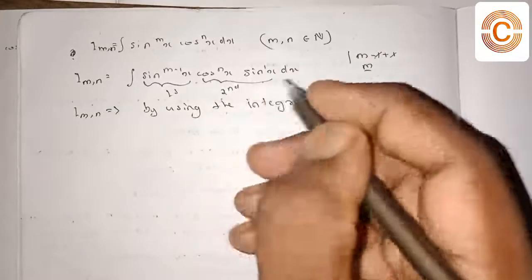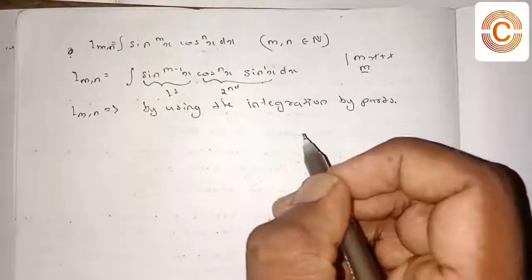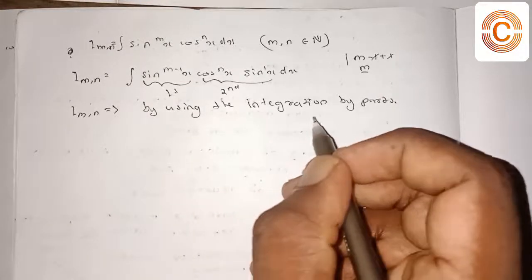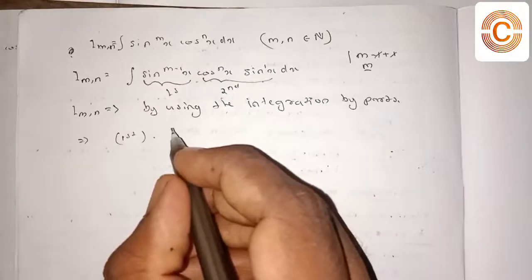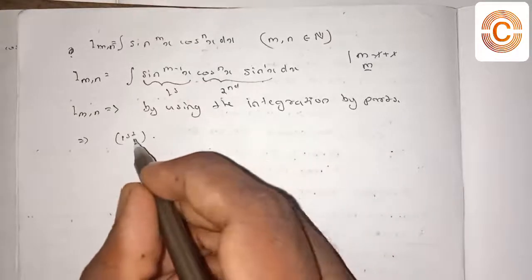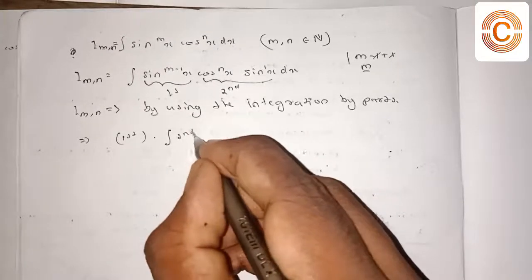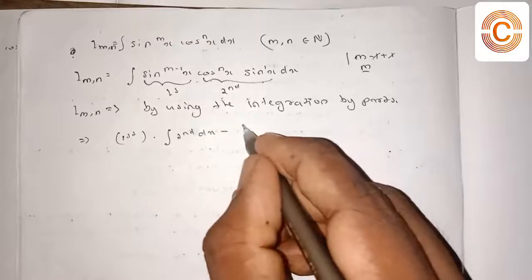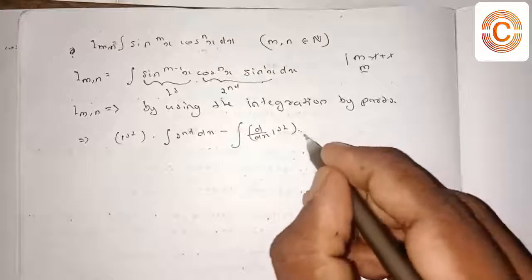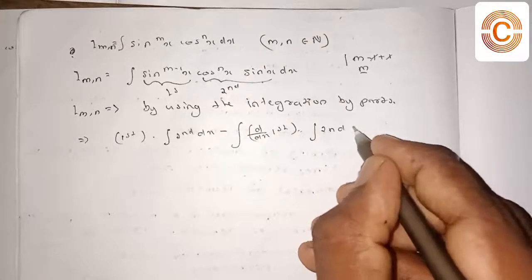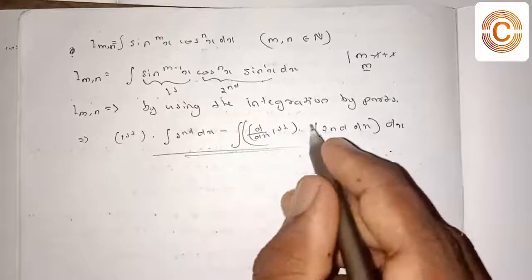Then by using the principle of integration by parts, which we already talked about in the previous video, we know the formula: first function into integral of second dx, minus integral of derivative of the first function into integral of second dx, then the whole dx. This is the formula for integration by parts.